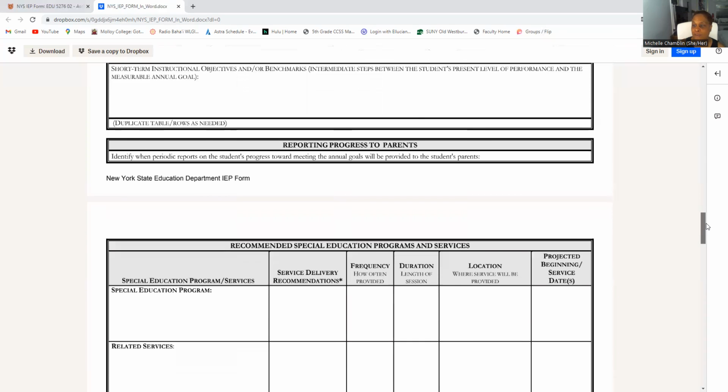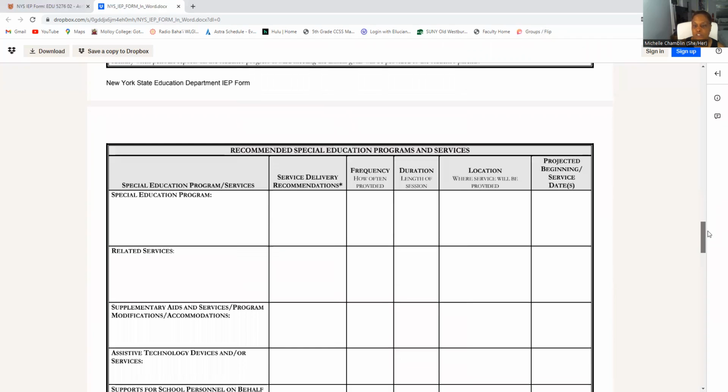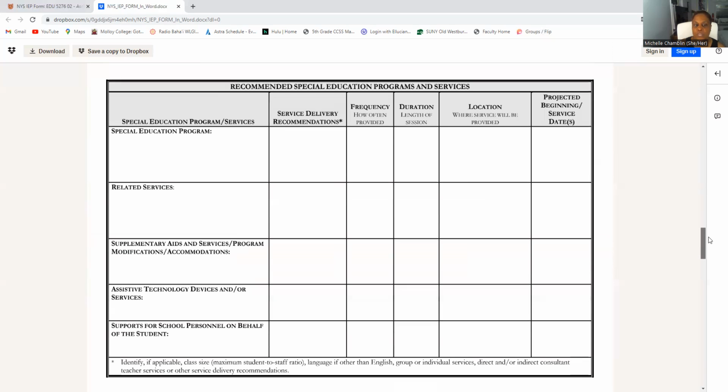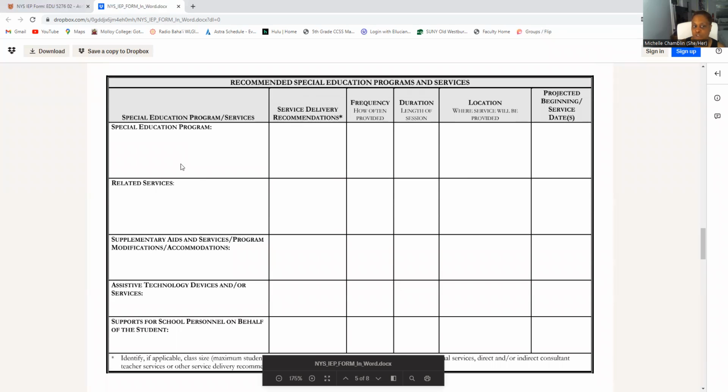Okay, so after we finish with our goals, we then go into the actual programs and services. Here we have our special education program. There is a list of different program options in this module. We think about those programs where there's integrated co-teaching, it could be self-contained, the service delivery recommendations.